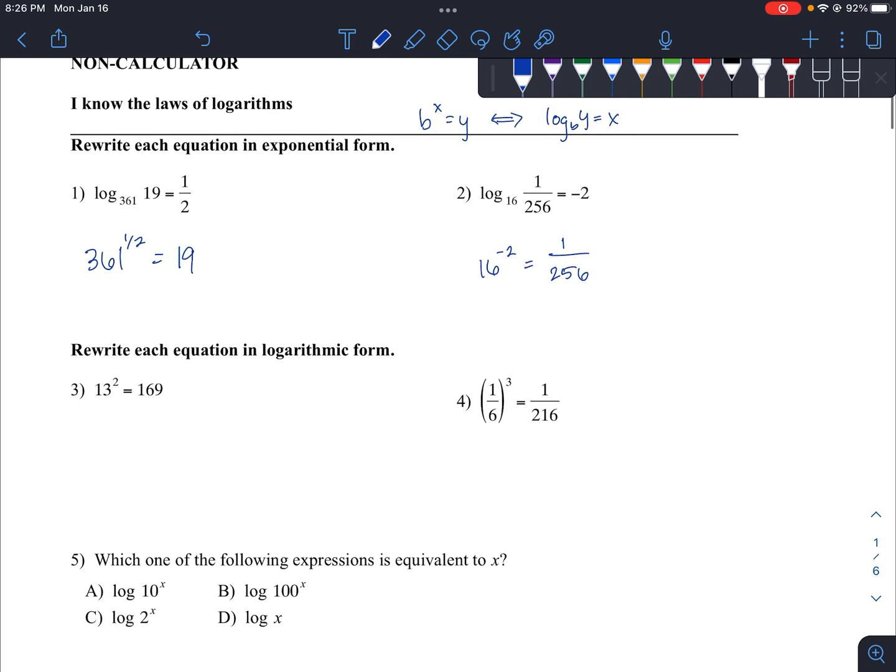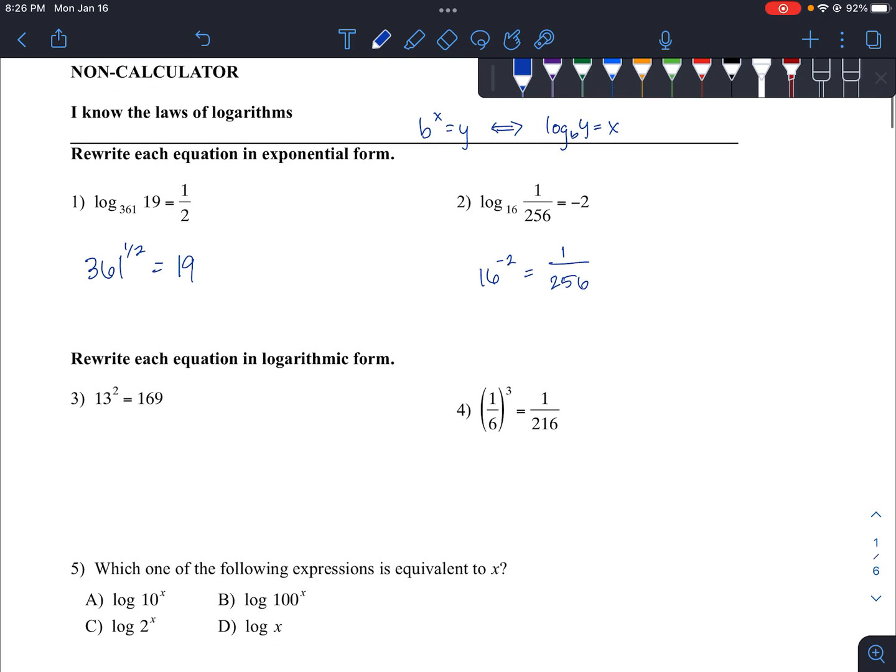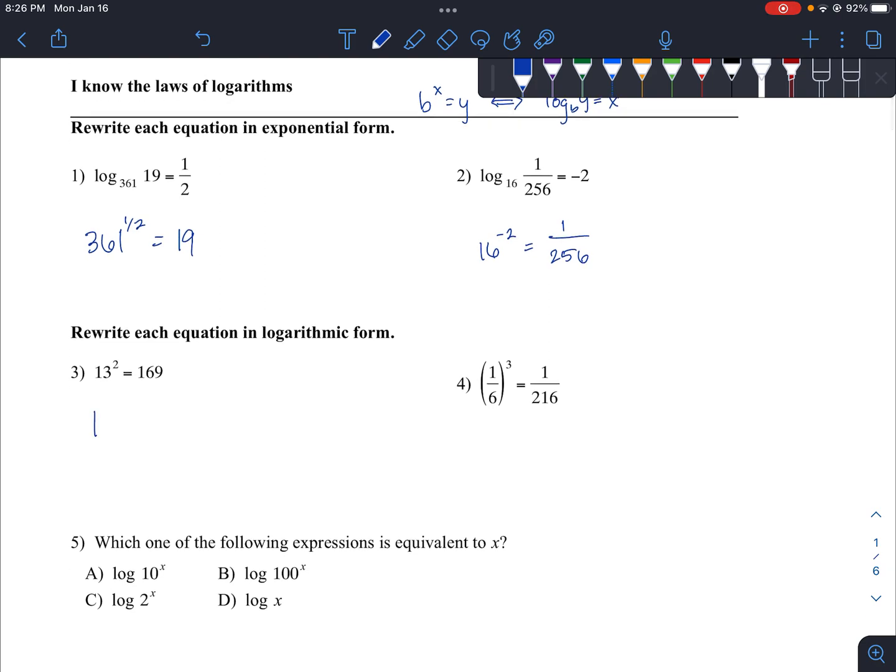For 3 and 4, we're going from exponential form into logarithmic form. The previous one went from a logarithm to an exponential, and now we're converting to logarithmic form. So this one will be log base 13 of 169, equal to 2.